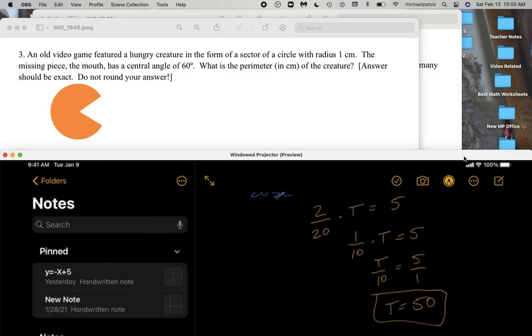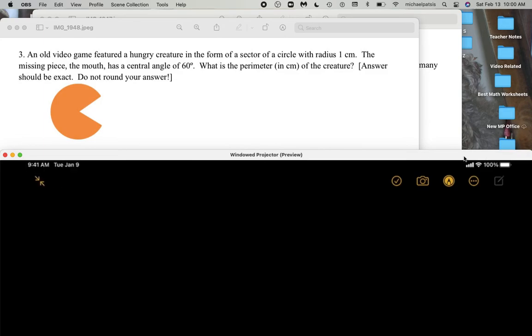And they want to know the perimeter of the creature. So they're looking for this distance here. And they tell you that this mouth has a central angle of 60 degrees. And then they say, do not round your answer.